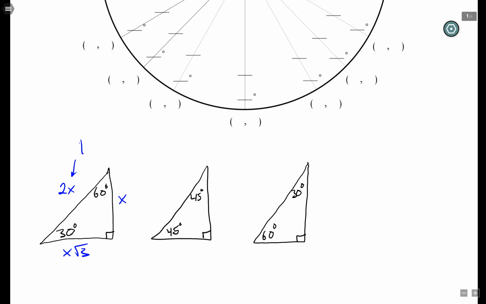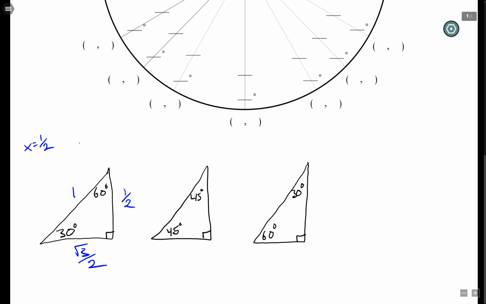So does it make sense that if these are in a ratio of 2x, x, and x root 3, the x has to be 1/2? Because if I need this side to be 1, and this side is 2x, well, 2 times 1/2 is what gives me the 1. So this side, the 2x side, is 1, and that helped me figure out that the x should be 1/2. So this side needs to be 1/2. This side is 1/2 root 3, or I can write it as root 3 over 2.